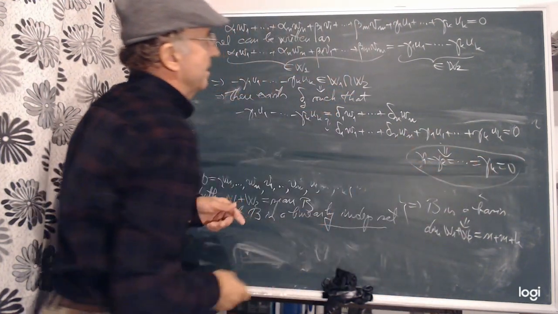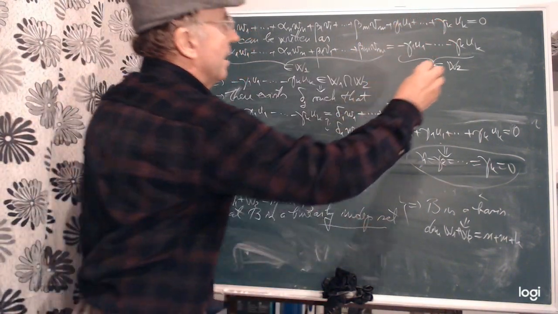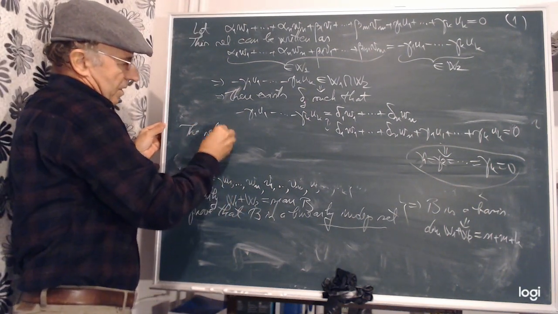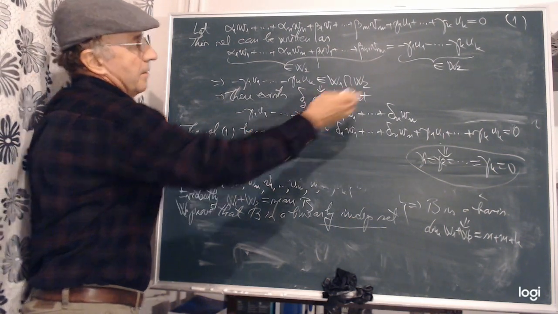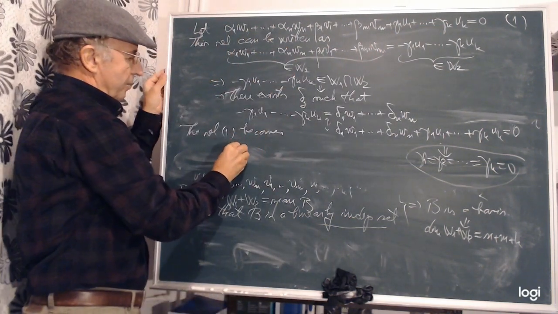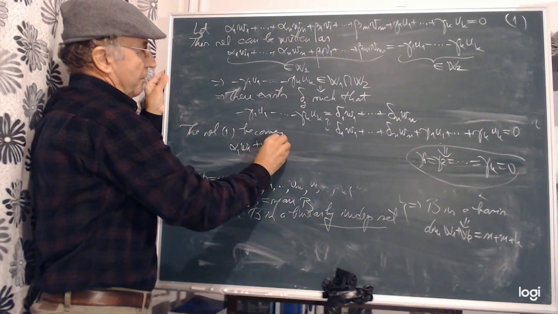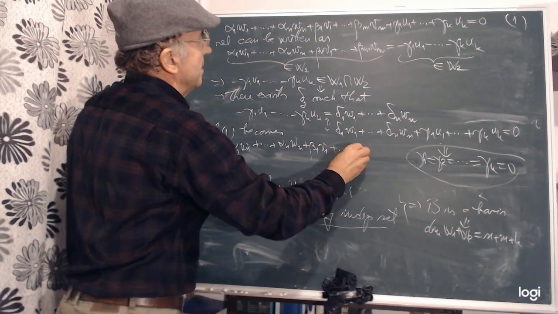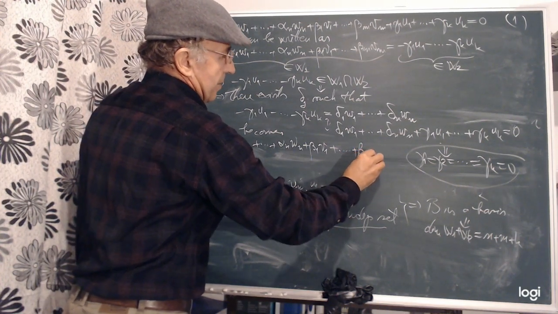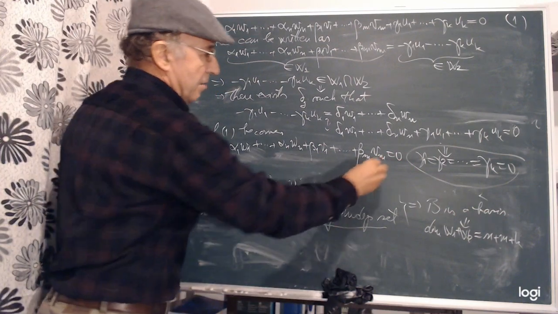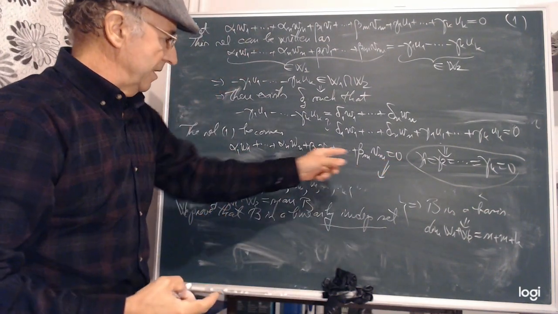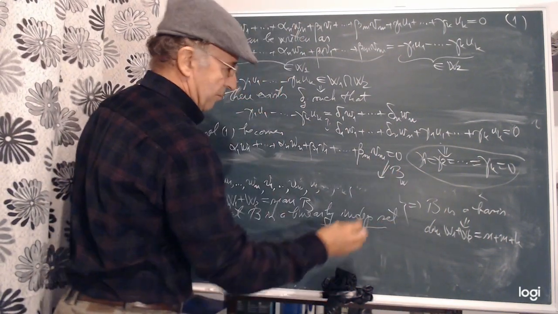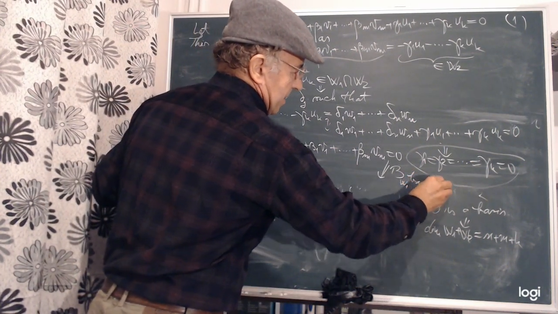Up to now, we know that these are 0, and relation number 1 becomes: it remains just alpha 1 w1 plus up to alpha n wn plus beta 1 v1 plus up to beta m vm equals 0. But these vectors form a basis in W1.